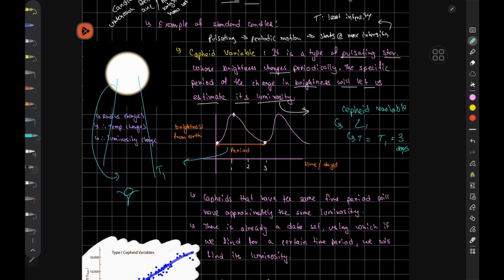Now, you may argue with me: how, in the first place, are we finding this flux intensity itself? Because for flux intensity you need luminosity divided by the area, and we don't know the area because we don't know how far away the Cepheid variable is, and that is ultimately what I want to find out. And you're right to question that.